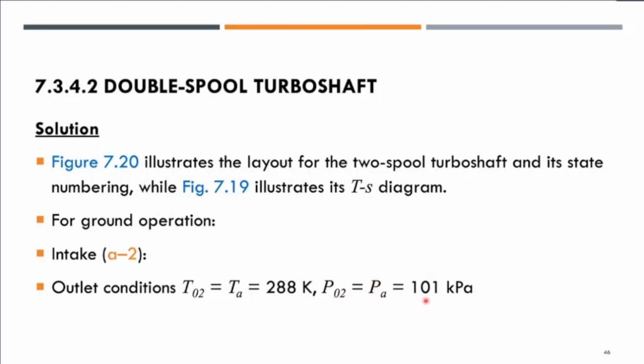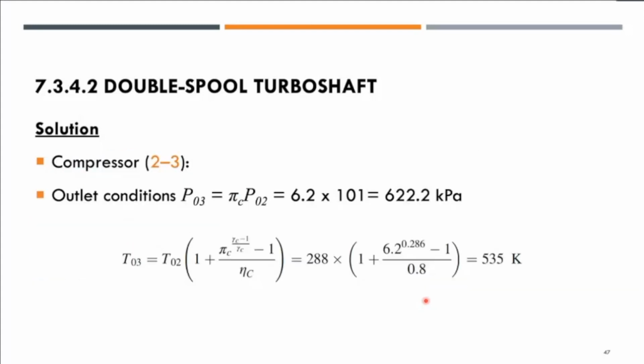It is 101 kilopascal. And for state 2 to 3, we're looking into the compressor, the outlet condition P03 equal to the compressor ratio, pi C, times the pressure at state 2.